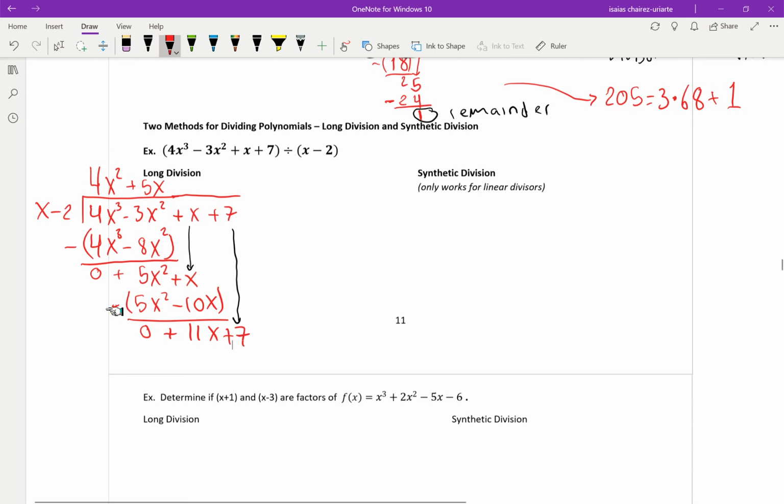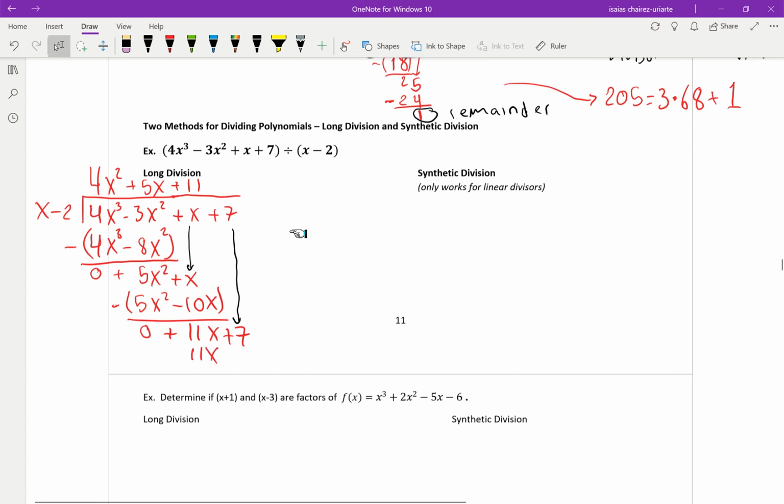Alright, so the last term of forming a quotient here. Something times x should give me 11x, and I think I have no option other than 11 here, plus 11. So 11 times x is 11x.